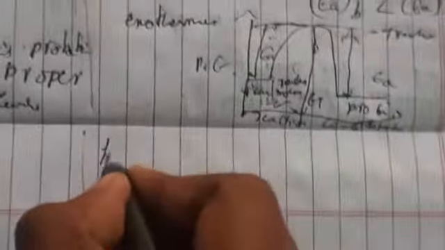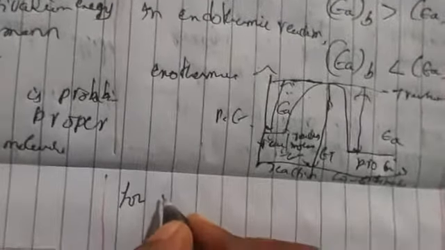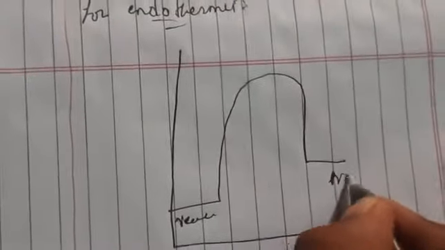And for endothermic, we are going to get the reaction like this. Here these are reactants, these are products. This is the threshold energy, and the distance between reactants and this one we call the activation energy.